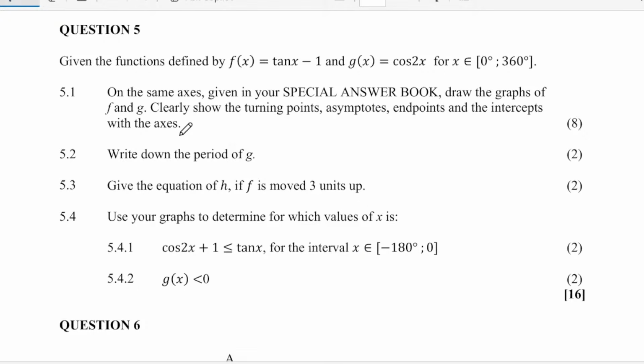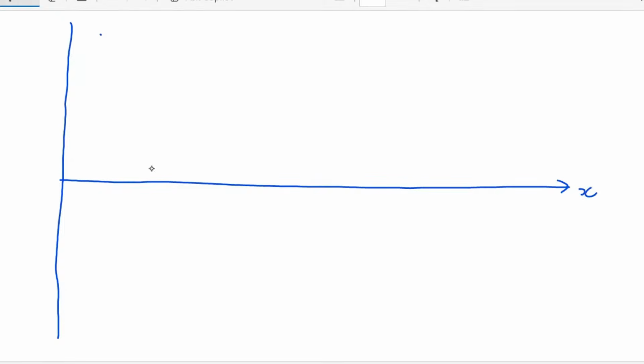So what I'm going to do, okay, let's just plot it this side. Between 0 to 360. So that the x, this is the 0. Let me use steps of, I think 45 will be fair enough.